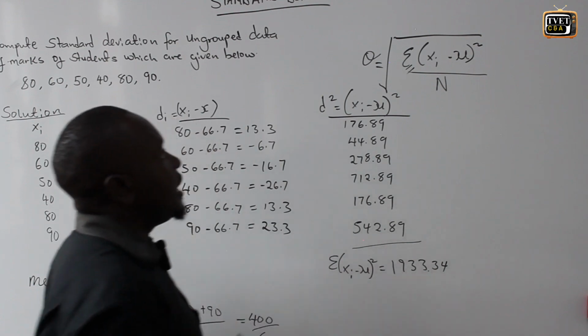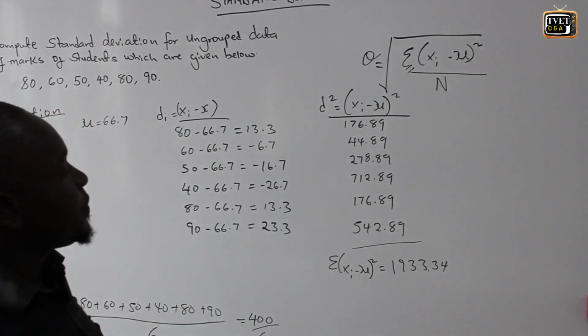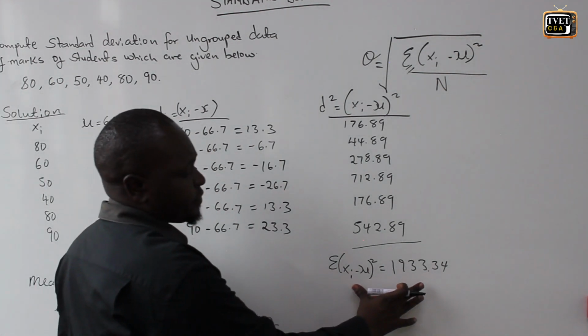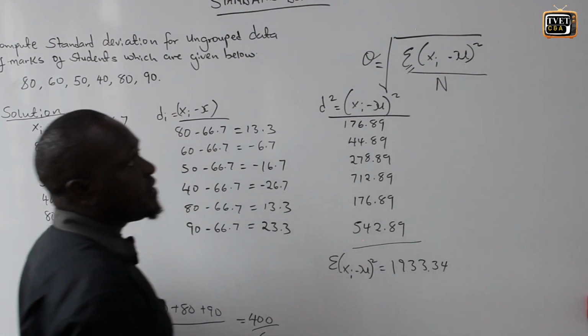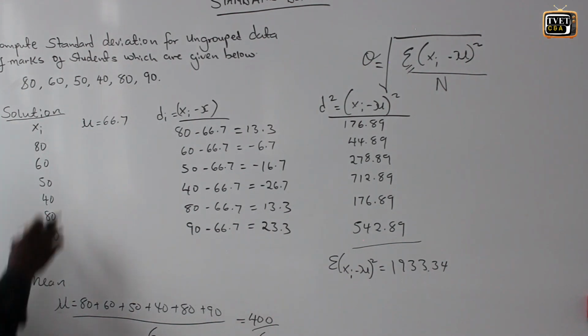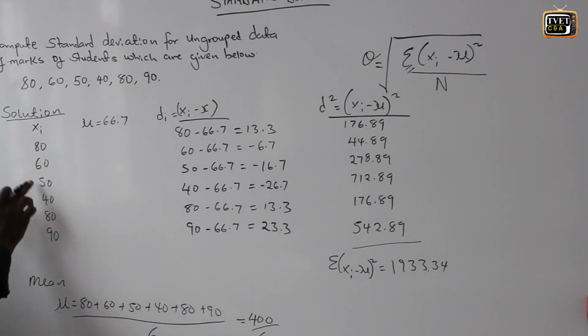Now, for you to find the standard deviation, you divide your answer by the number of observations. How many observations did we see? It's 6 entries: 1, 2, 3, 4, 5, and 6.